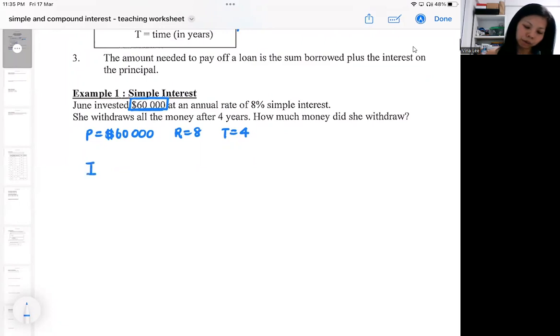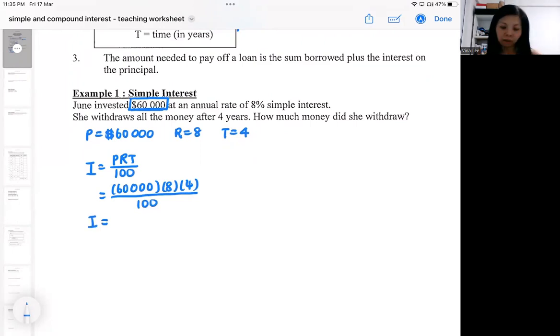So how much is she rewarded? You just plug directly into the formula and then punch the calculator. This is the extra money that is rewarded to her. She is rewarded with an extra 19,000.